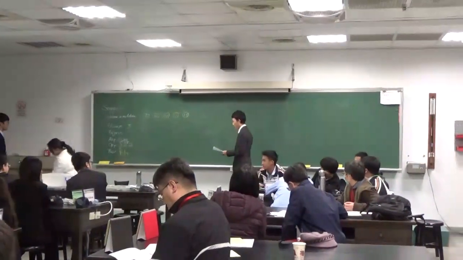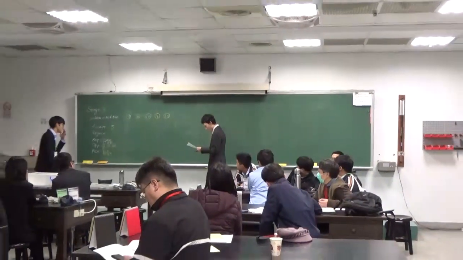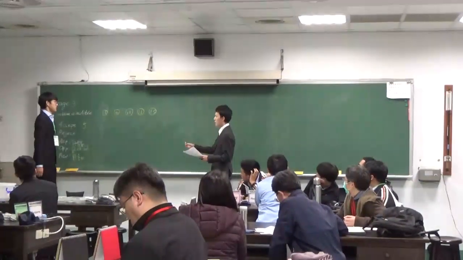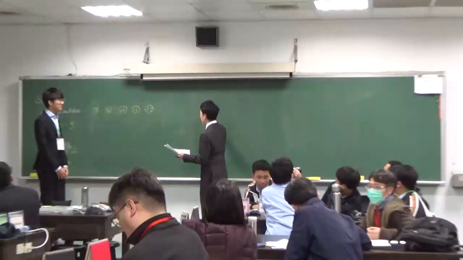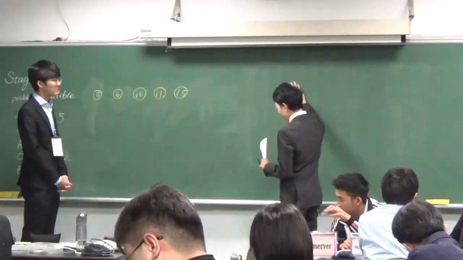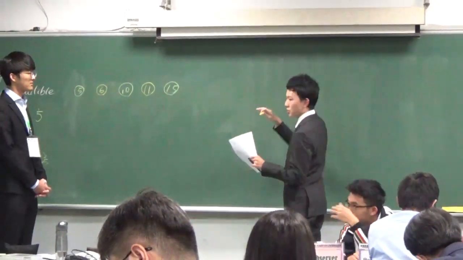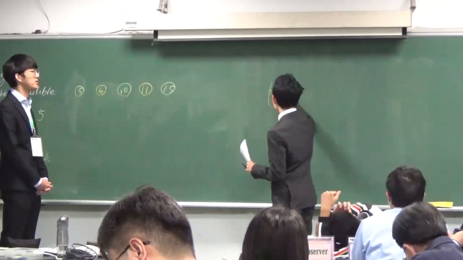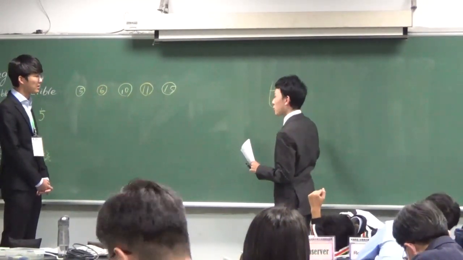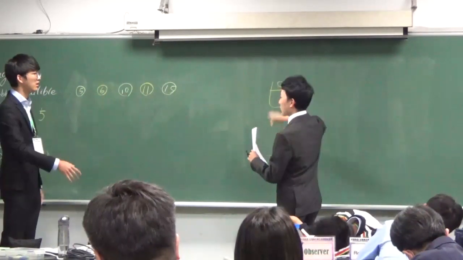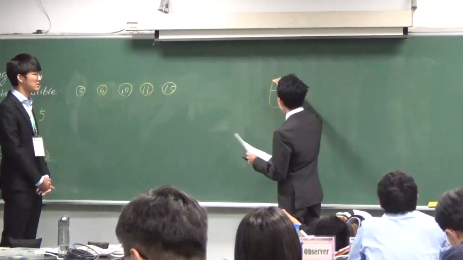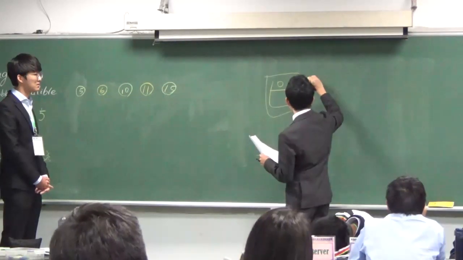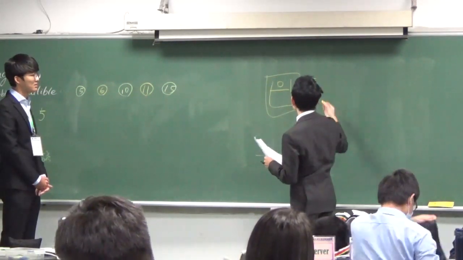Maybe before that, I want to ask you a question. How do you think the energy transformation works? Before, when the ball and the container touch the ground, they will have a potential energy. So maybe I call it the initial energy.